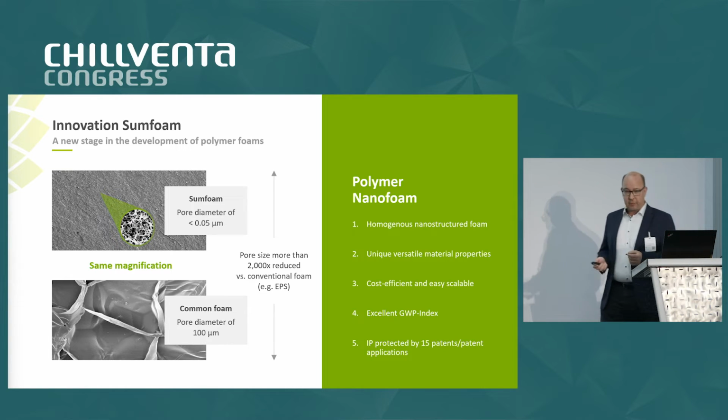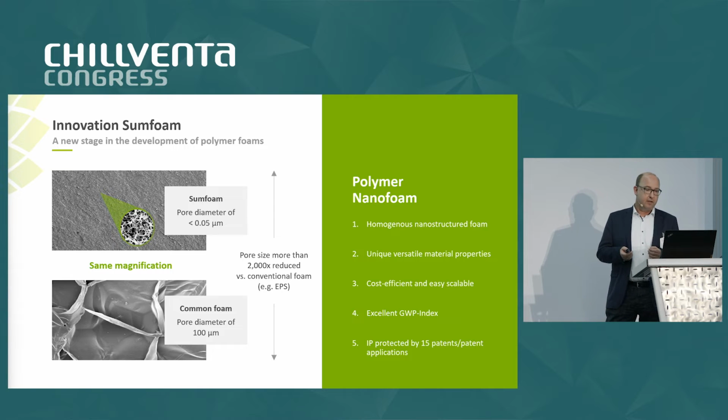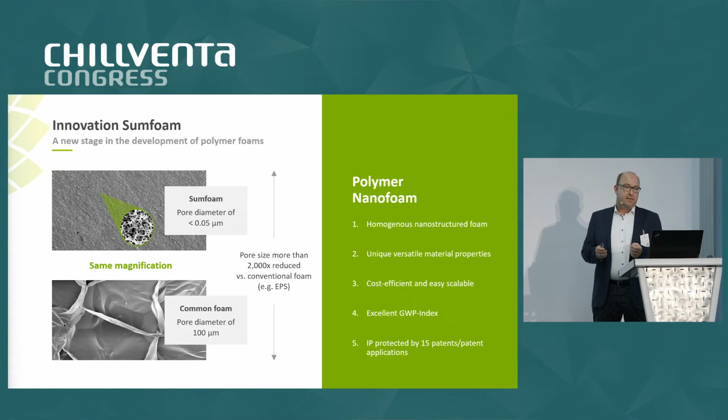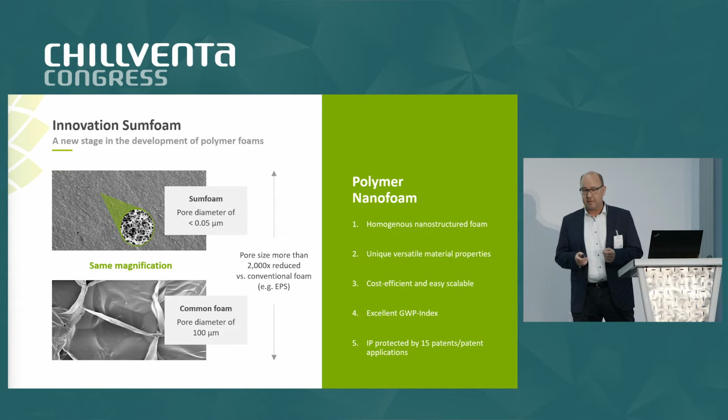But the reason why we have to reduce the pore size is to reach a better insulation value. This is due to the fact that by reducing to the nanometer range, the cell gas molecules interact more with the webs between the pores than with other cell gas molecules.